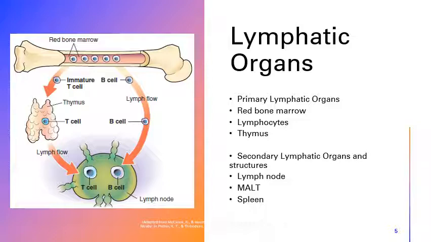Our secondary lymphatic organs and structures are the ones that we're probably more familiar with. Now, when you look at that picture, look at the very bottom, it's a lymph node. So our lymph node is what we might more think of as part of our structure that is part of our lymphatic system. But the B cells and T cells are what are part of that. So first of all, a lymph node has a job depending on where it's located.